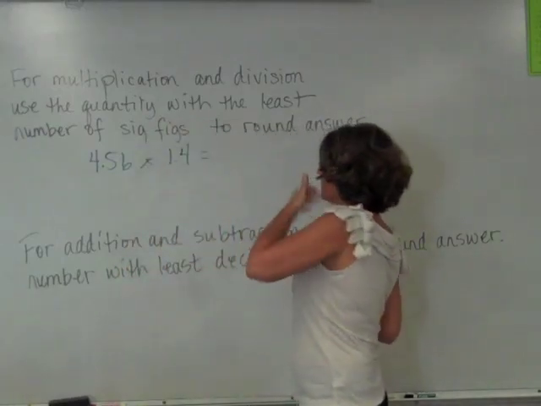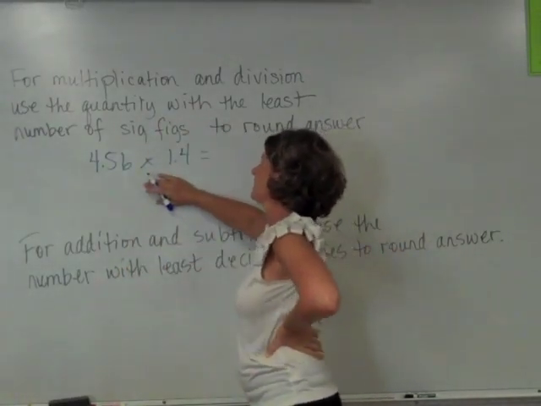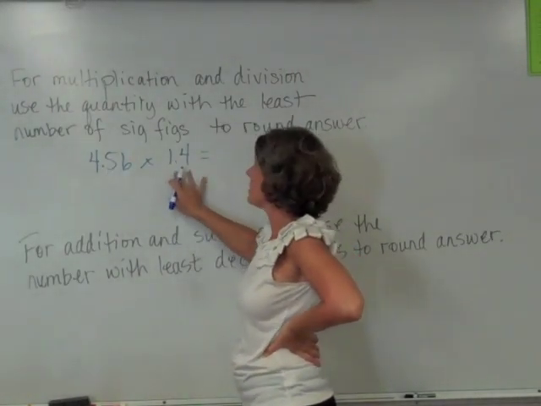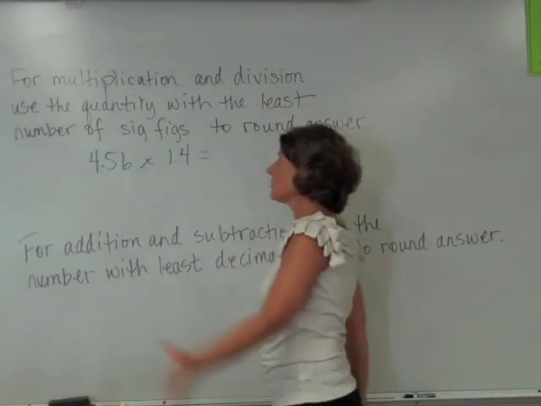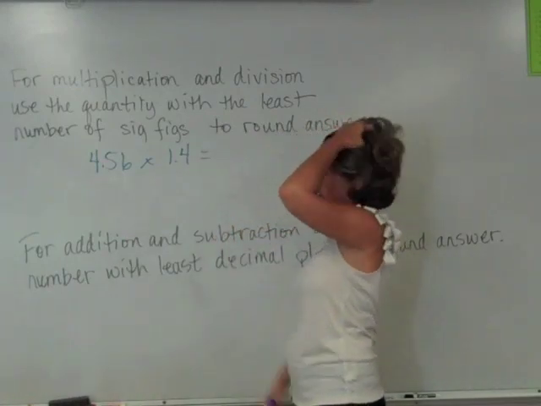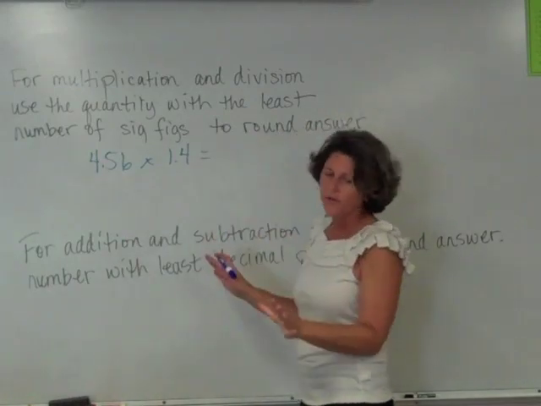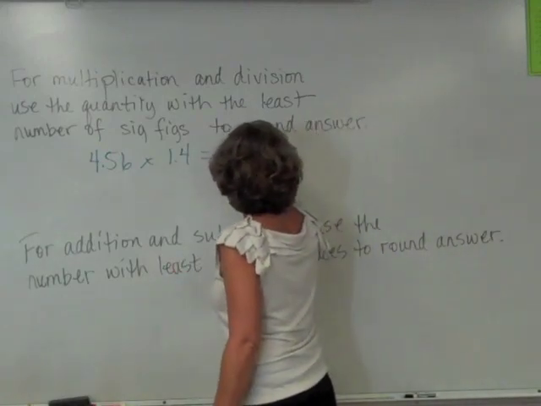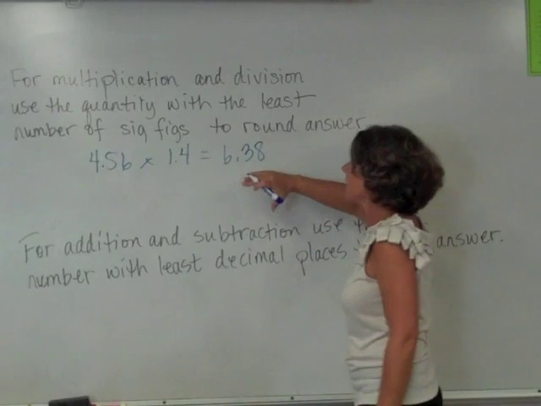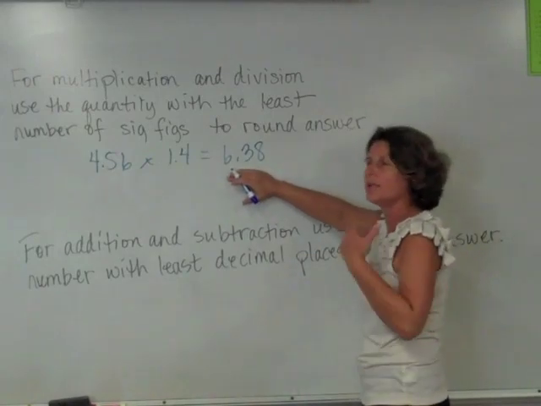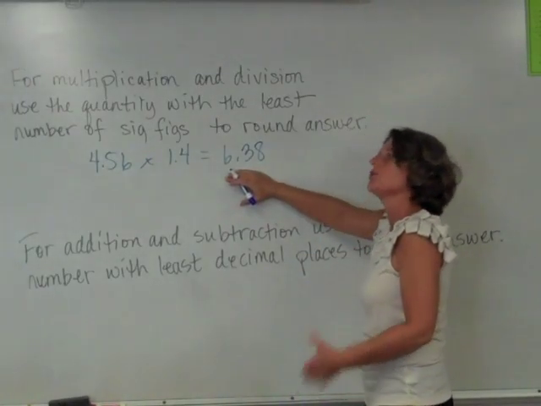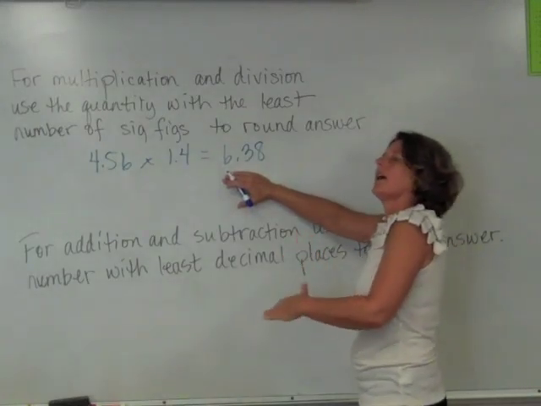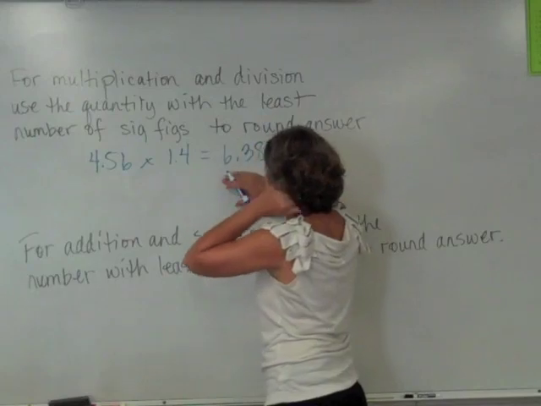We're multiplying. This number has 3 significant figures. This number has 2. So I'm going to put this in the calculator, or do it by hand, and I'm going to get my full answer, 6.38. Now the question is, can I leave my answer like this, or do I need to round it to reflect the quantity that has the least number of significant figures?